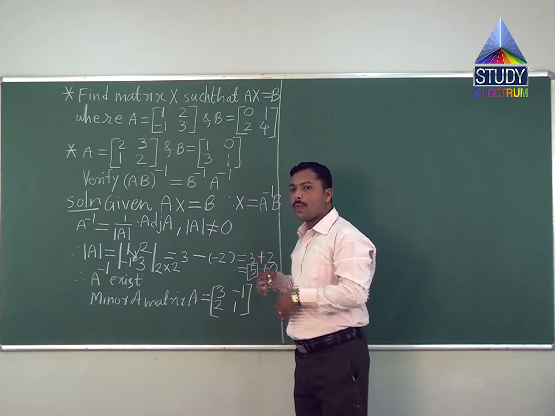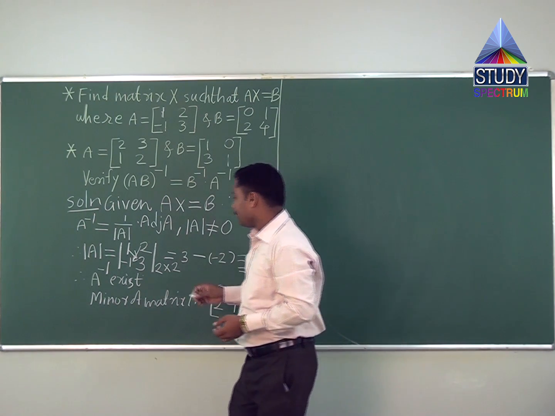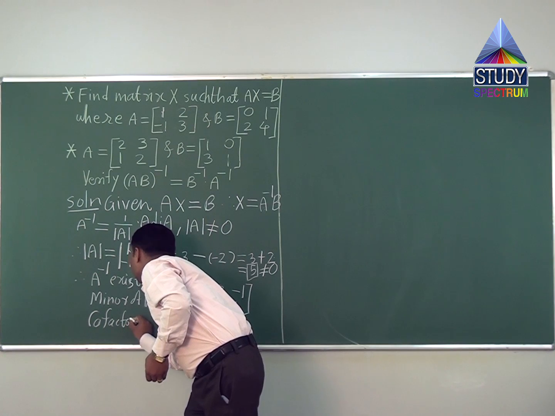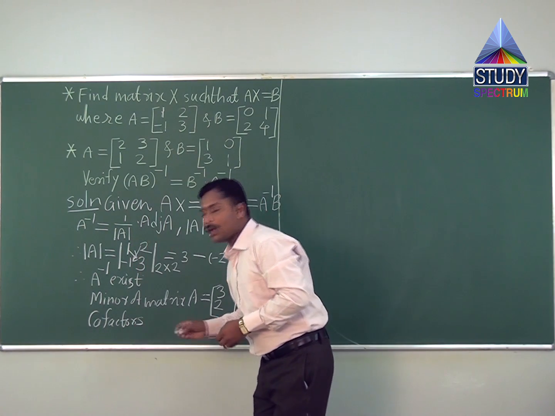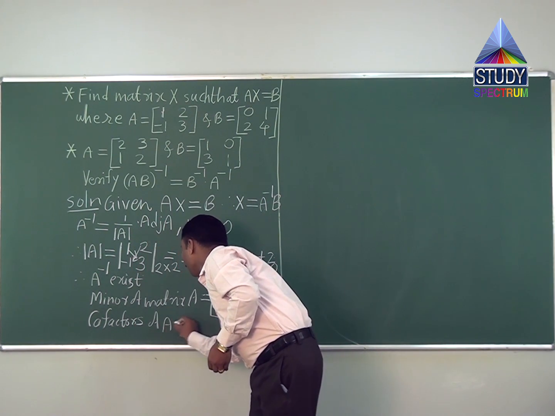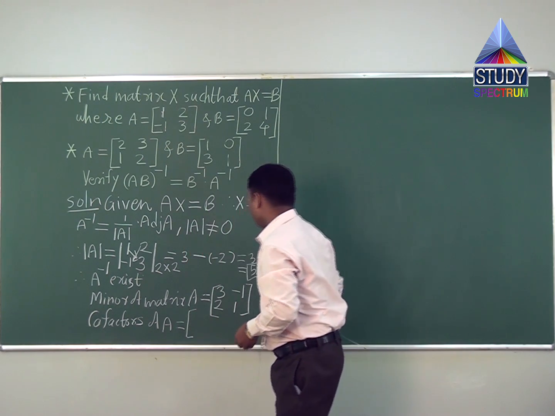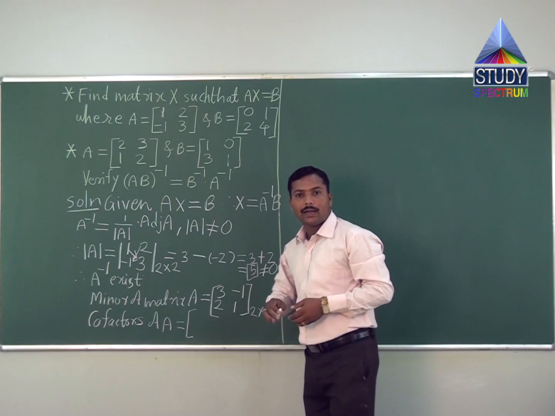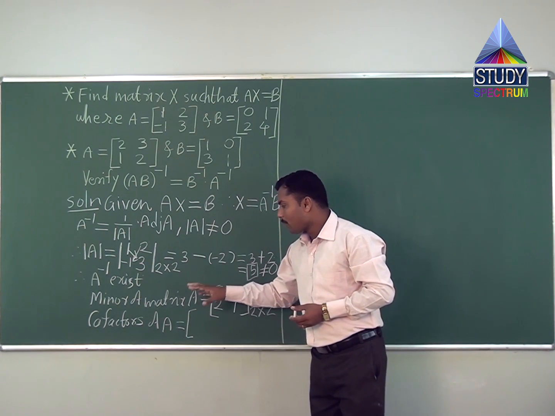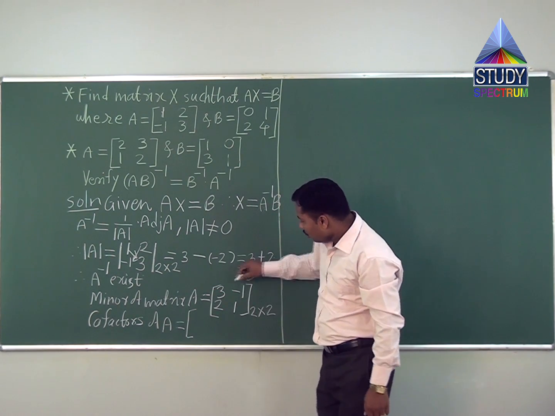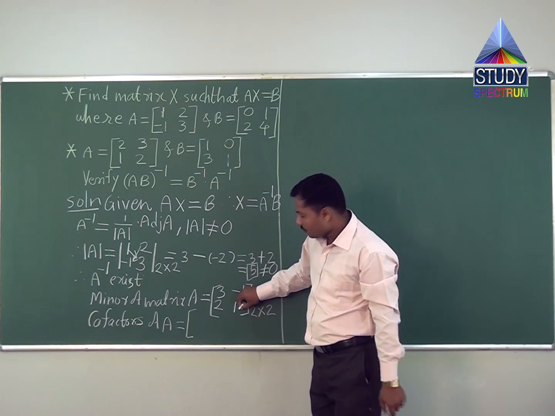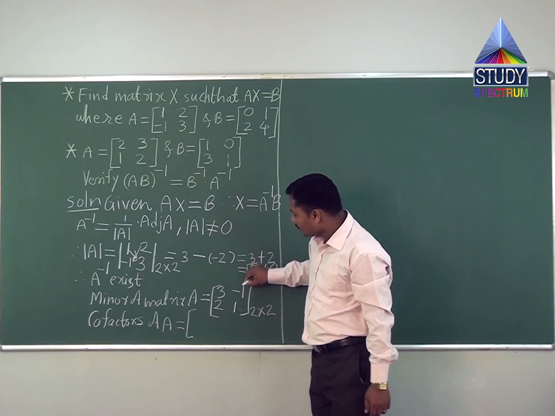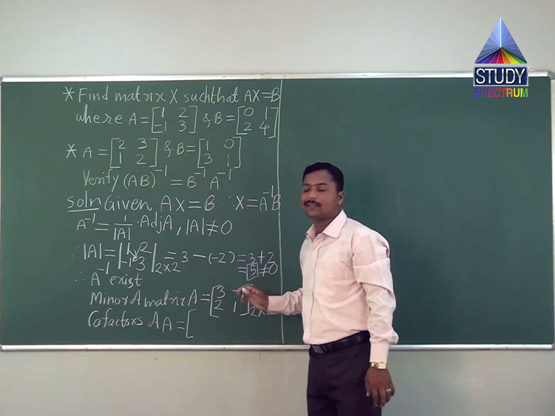We find also cofactors of matrix A. What are the cofactors? This is a 2 by 2 matrix. For 2 by 2 matrix, what is the idea? For finding the cofactors, no change in the diagonal numbers, and change in the other diagonal numbers by only sign.